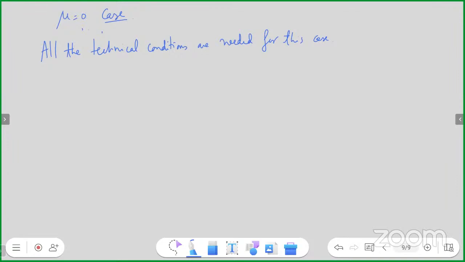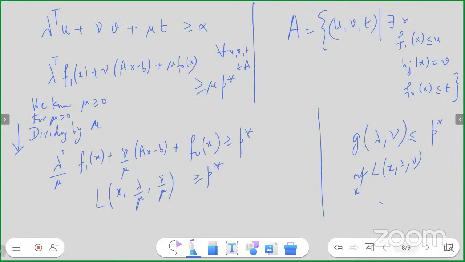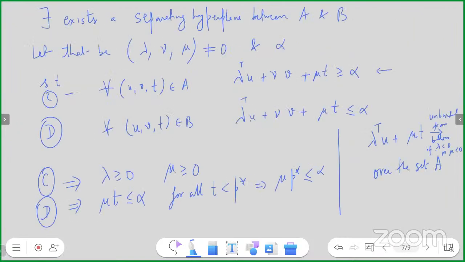Okay, so now we'll appeal back to all the conditions we got so far. So these conditions are true for all; we have said is mu is greater than or equal to 0. This is true, then mu is 0 as well. So this term will just drop. So what will I get? Lambda times u.